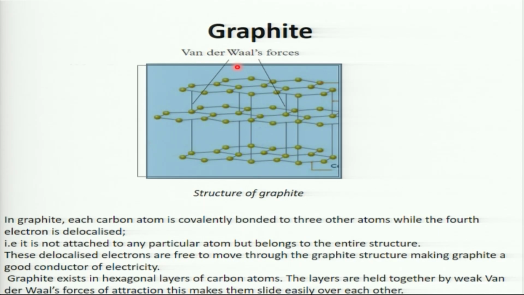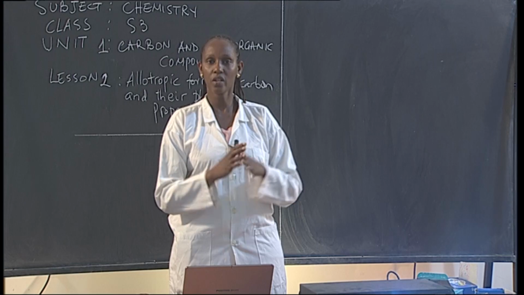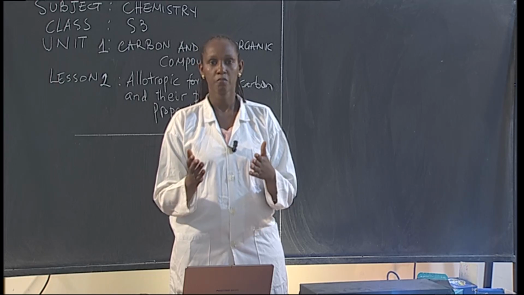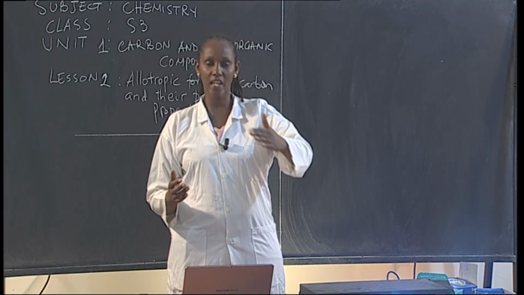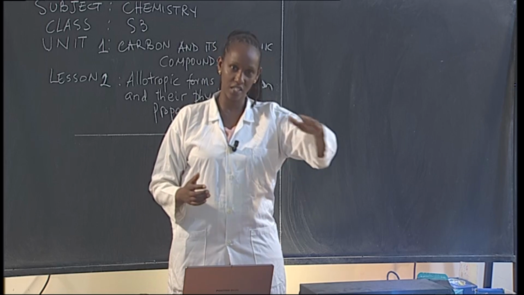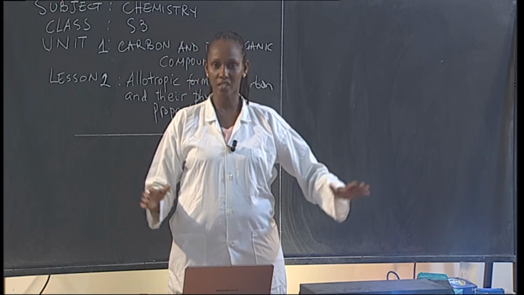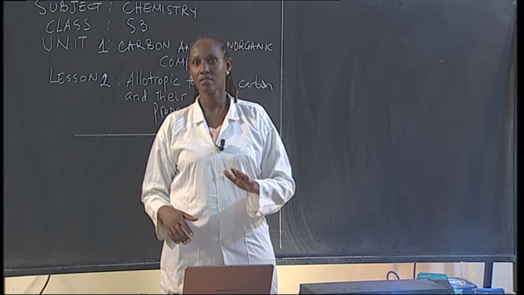So the 4th electron is not bonded. It has a free electron, call it a delocalized electron. All right? Now, that delocalized electron will keep moving within the structure. It is among those in the structure, but it is not bonded.